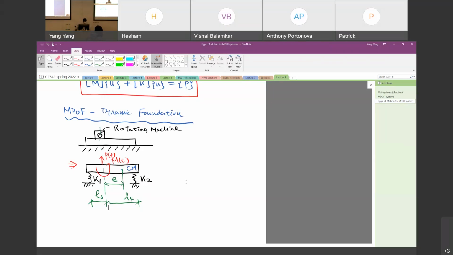So in this case, we need to create a coordinate system. This is the case where we need to consider dynamic moment.